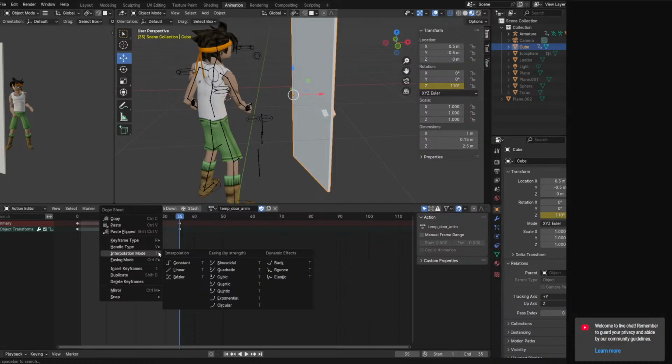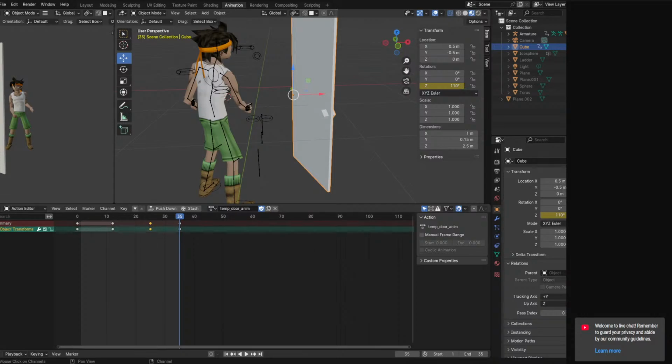We'll change the interpolation type to, let's use a Bezier curve.